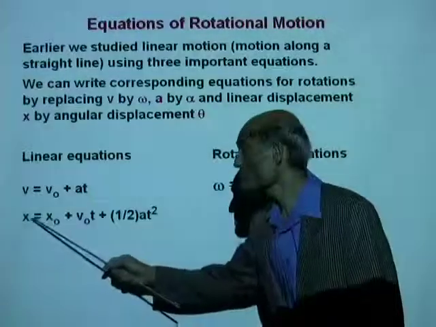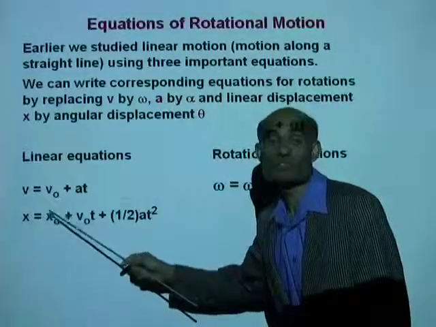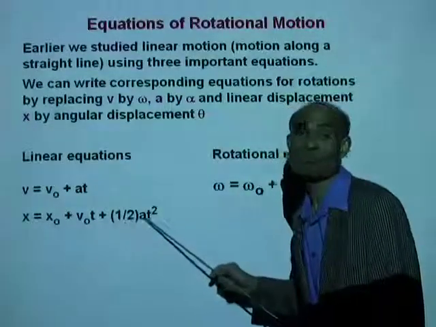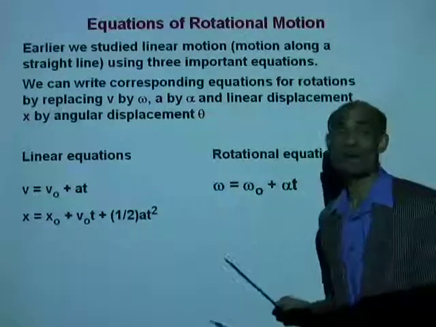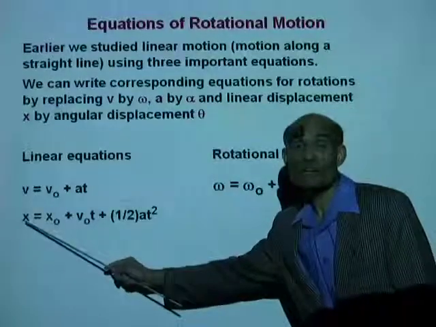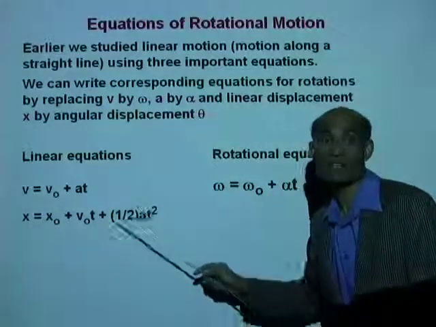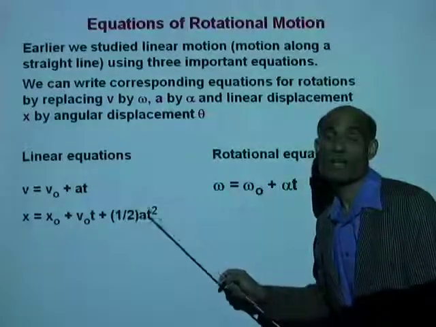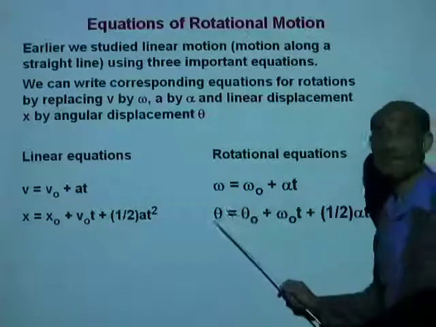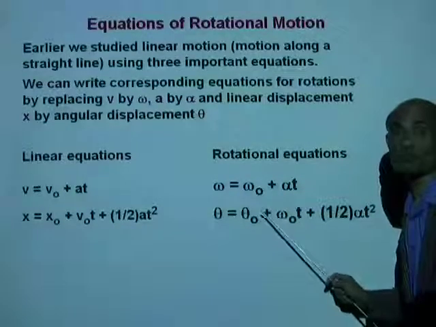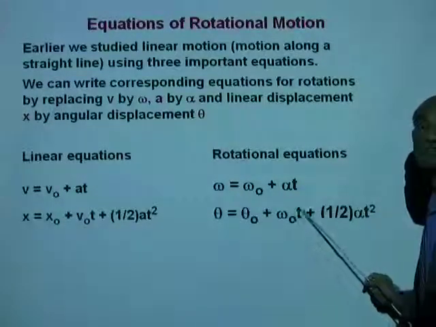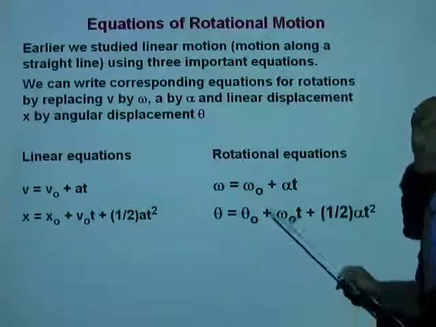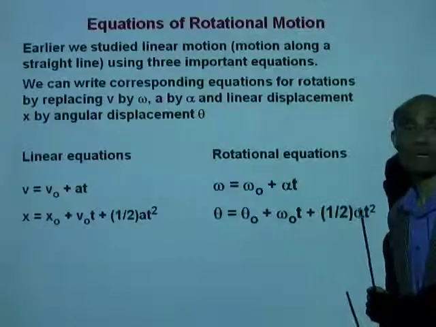Alright, the second rotational equation. Linear: x equal to x0 plus v0t plus 1/2 at squared. X will be replaced by theta, v0 by omega 0, and a by alpha. We get theta equal to theta 0 plus omega 0t plus 1/2 alpha t squared as the second rotational equation.